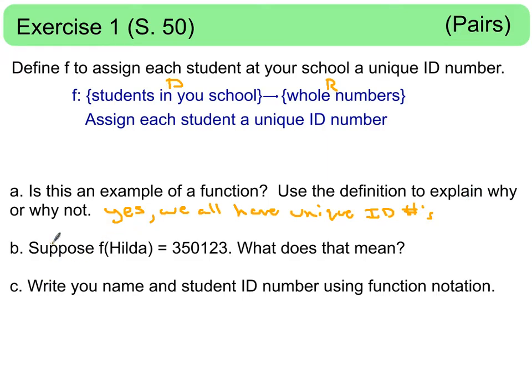So this says, suppose the function of Hilda equals 350123. What does this mean? It simply means that Hilda's ID number is 350123. And then, they say this one, write your name and student ID number using the function notation.